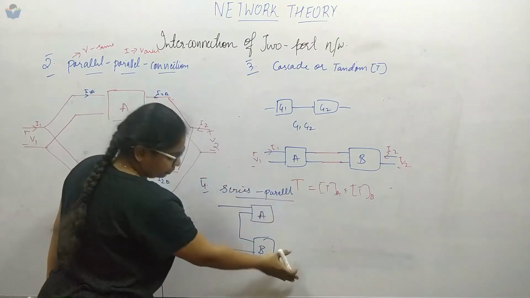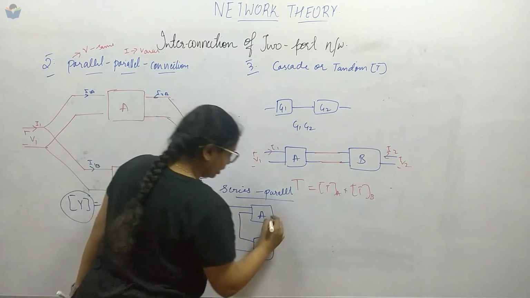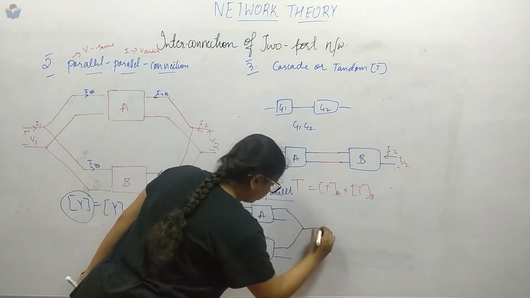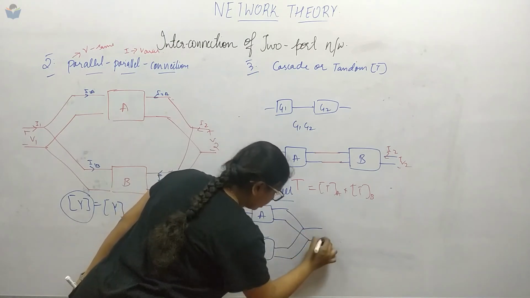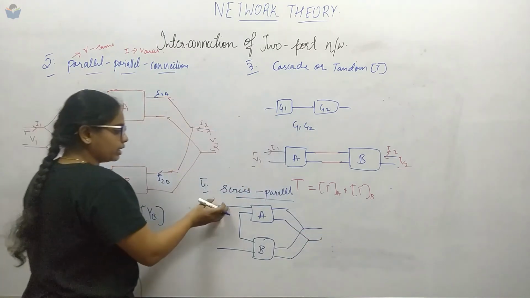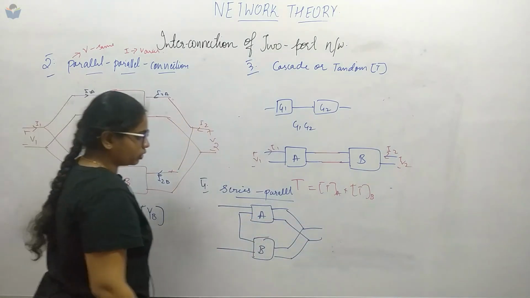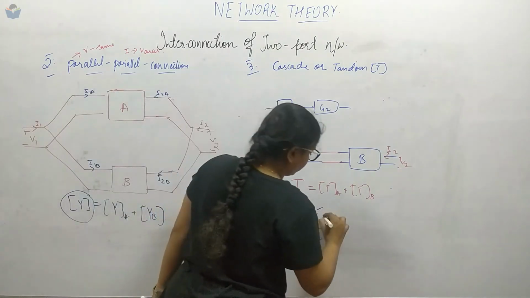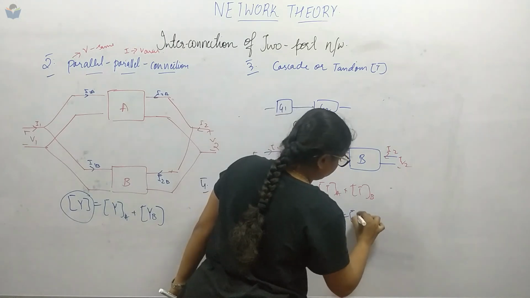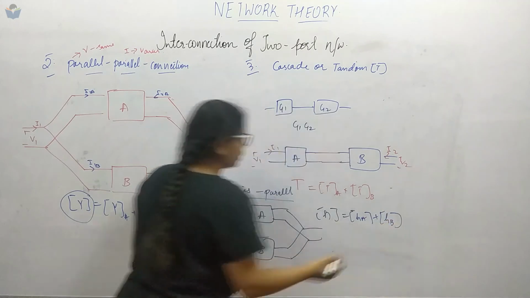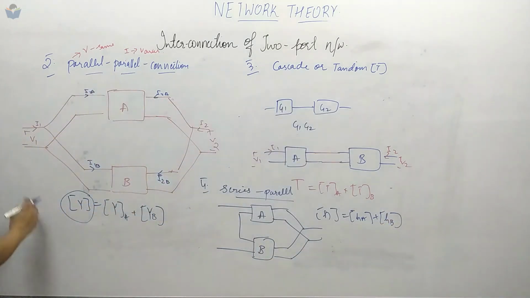Then the second arm over this side, this terminal, will be connected in parallel. The current will be the same here and the voltage will be the same here. This is also solved using the H parameter, so HA plus HB. Here only I will show you, next, the parallel-series connection.